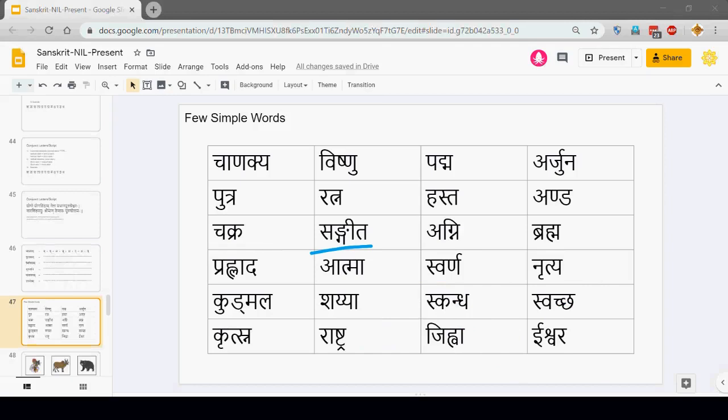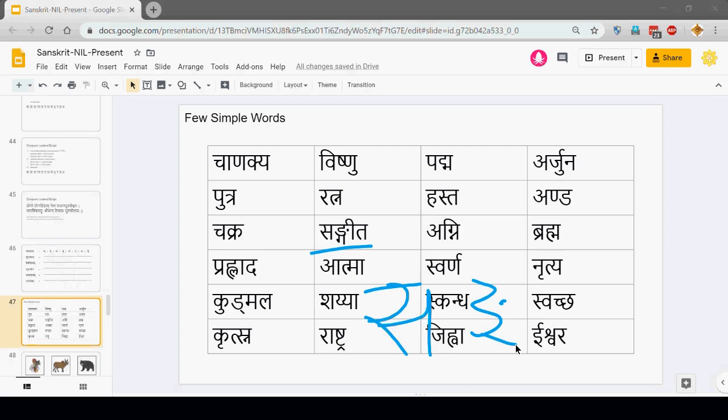Sangita. Yeah. The sa is full, and then there is a nga part. This nga is like when we say the English word English, that's where the nga is.